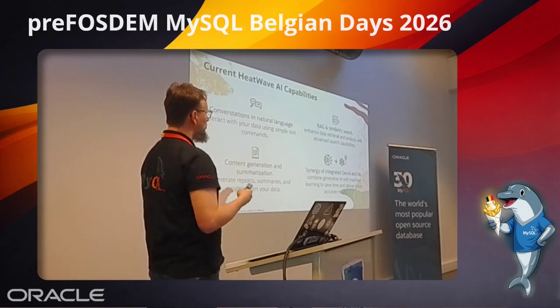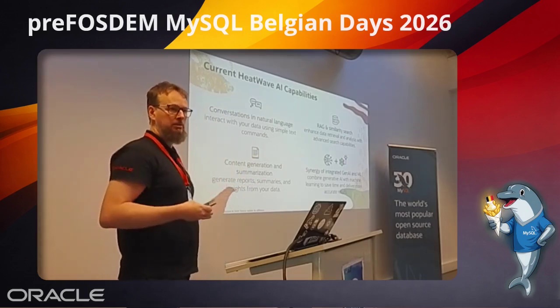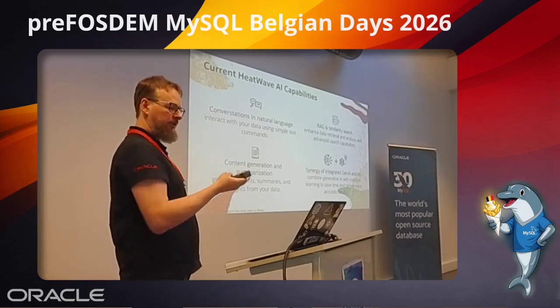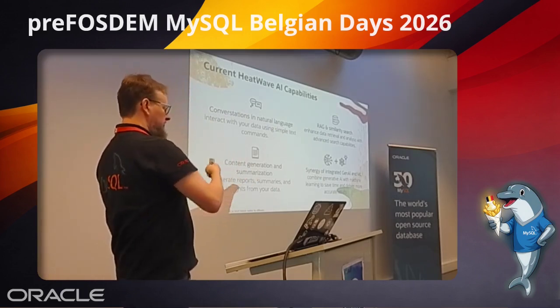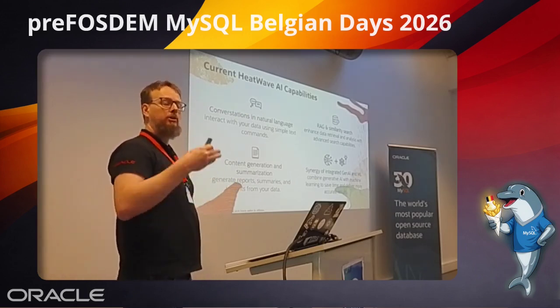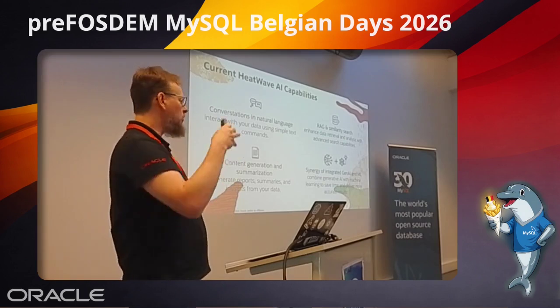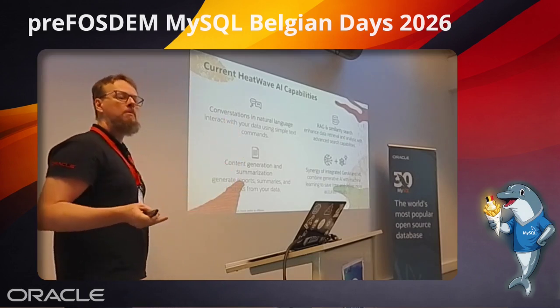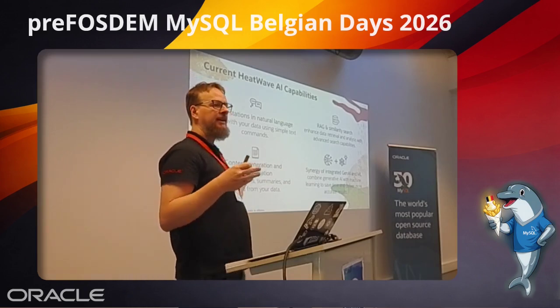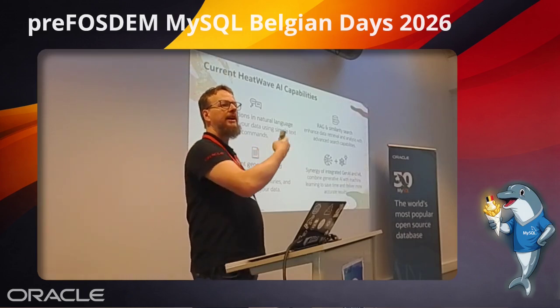Then we can also do RAG and similarity search with the vectors with these LLMs. We can create and generate content and summarize whatever with the data we have in the database, and also with data that we have in the database using Lakehouse.